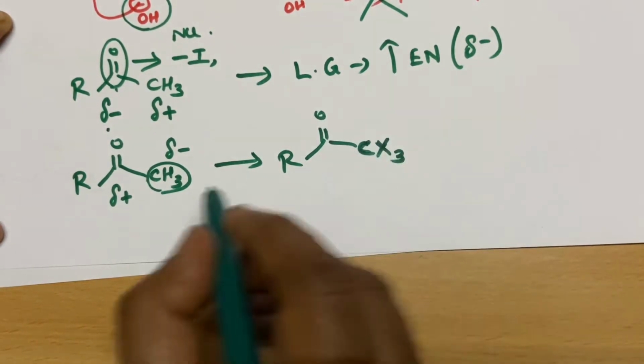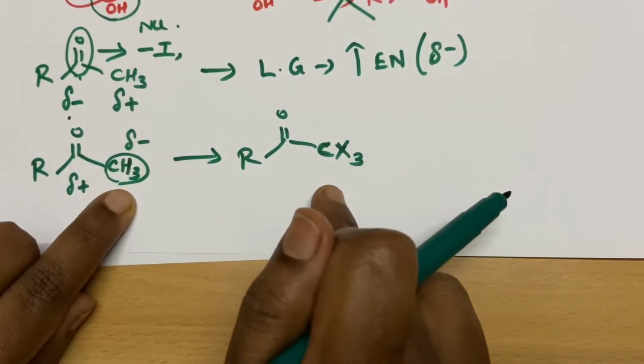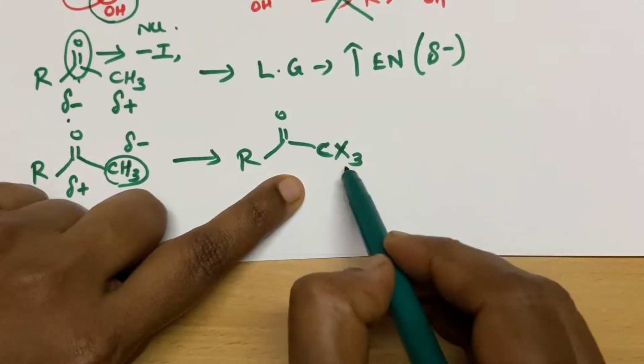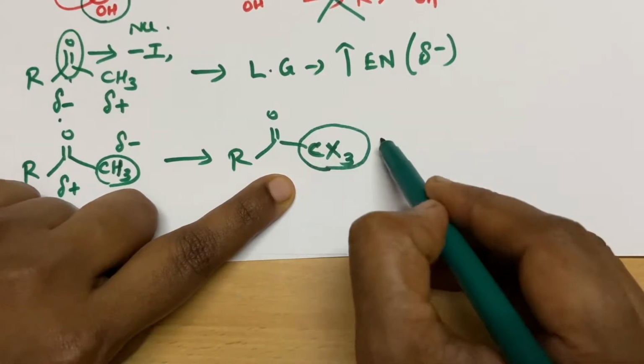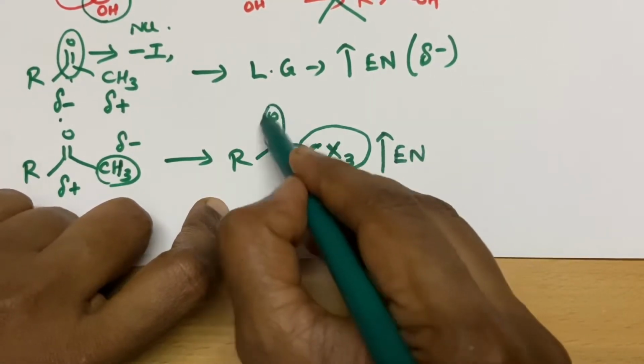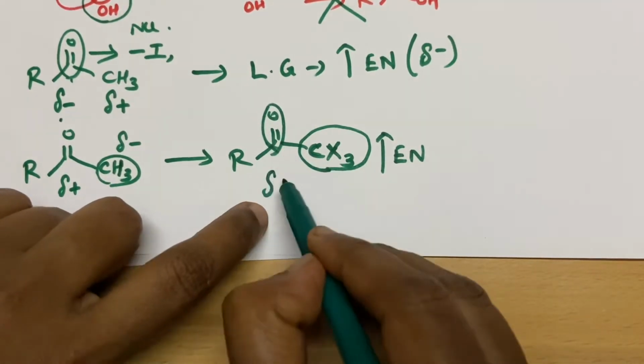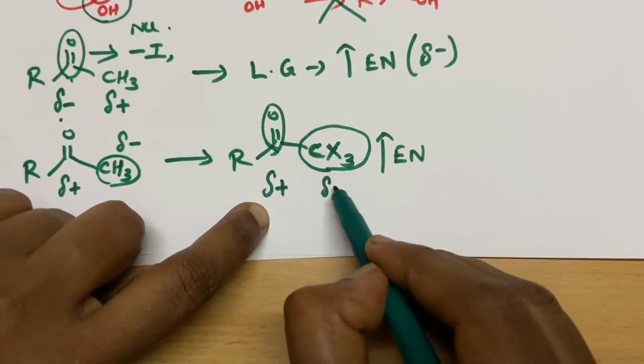We are going to replace all the hydrogens with halogens. So this group has become higher in electronegativity when compared to the carbonyl group. Understood? So the polarity here is partial positive and partial negative.